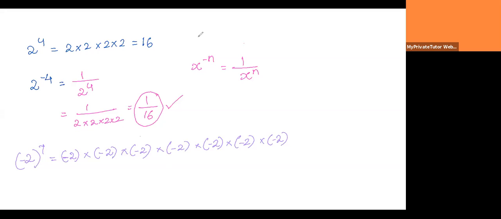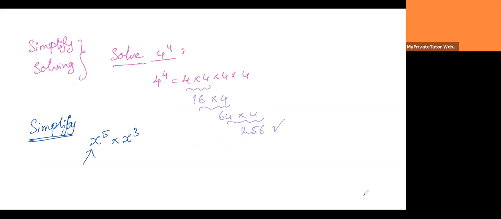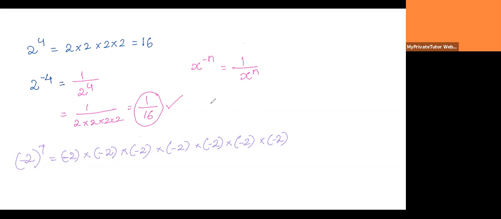Everyone knows the multiplication of a negative number: if we are multiplying an even number of times, for example 2 times, 4 times, 6 times or 8 times, we'll get a positive answer. Let me explain that first. Minus 5 squared is minus 5 times minus 5.